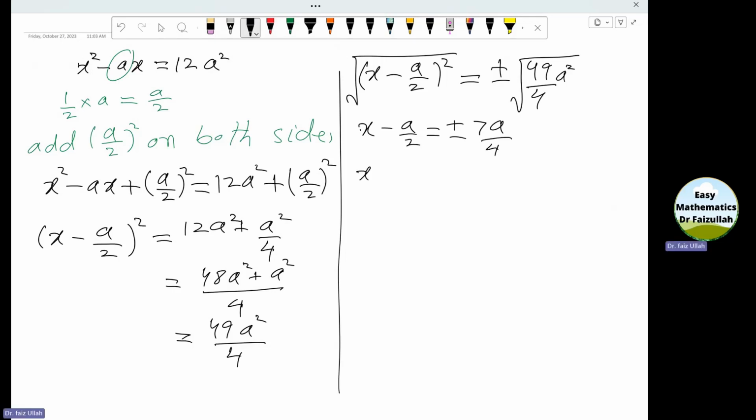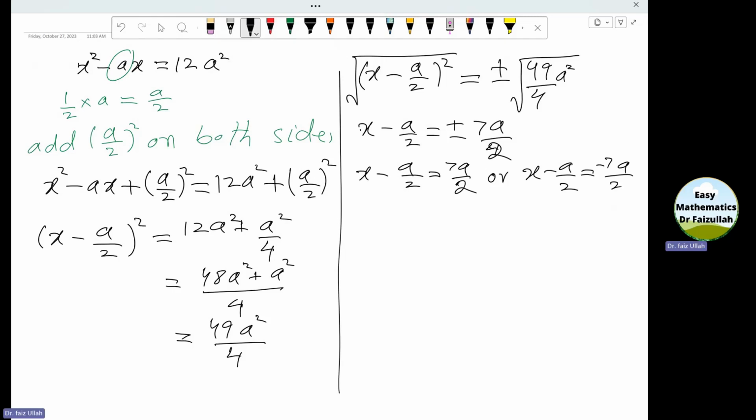Now we get two equations. X minus a divided by 2 is equal to plus 7a divided by, this is 2, okay? 4 under the root is 2. And the other equation is x minus a divided by 2 is equal to minus 7a divided by 2.